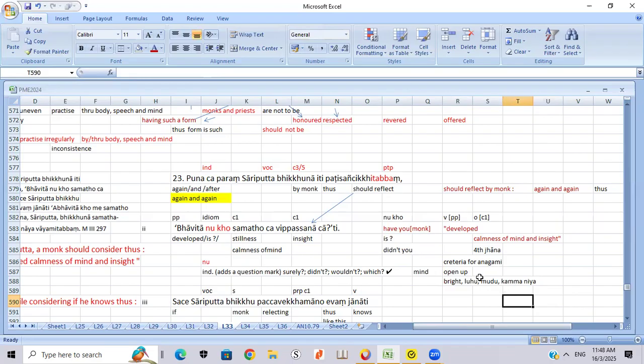So at this portion, a person who is already at the fourth jhana comes out of the fourth jhana, then what happens? The person should do a reflection. Should reflect on what? Reflect on the Dhamma.